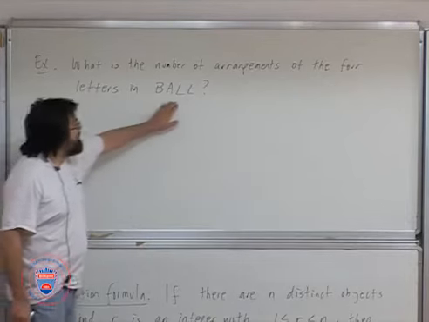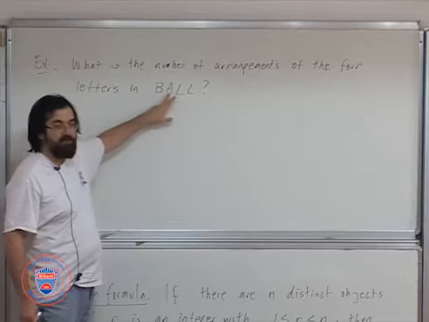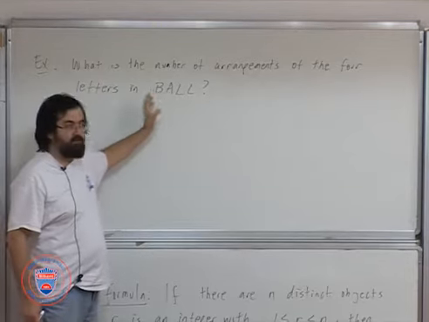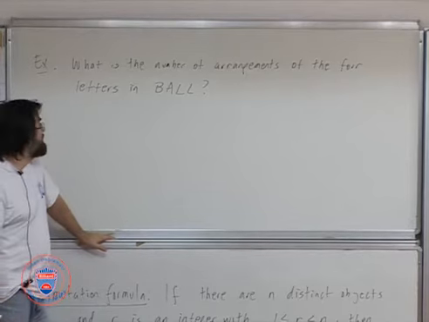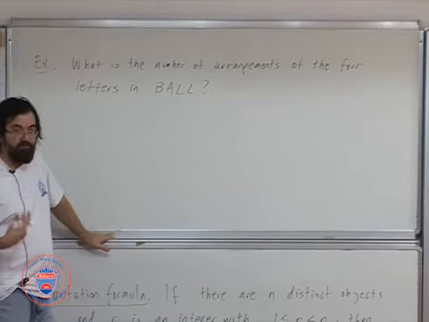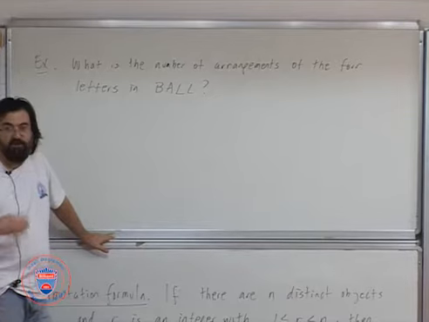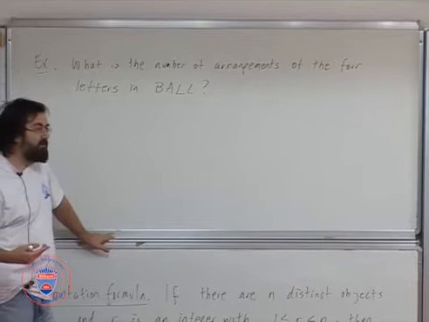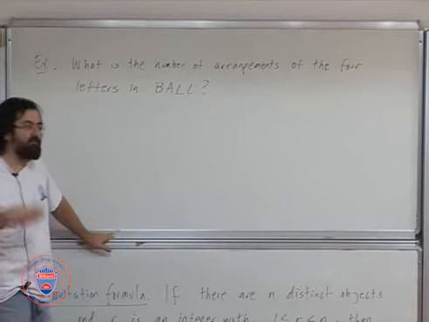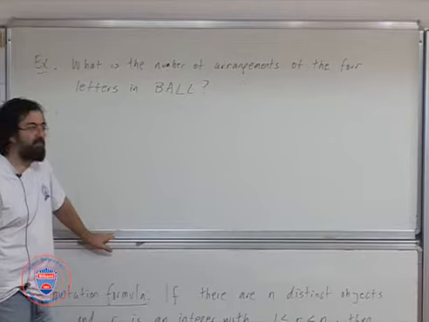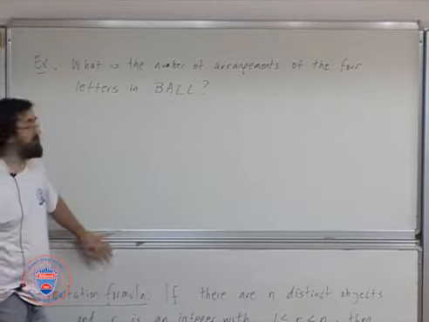If they were all different, we'd have 4 choices, 3 choices, 2 choices, 1 choice, so 4 factorial, 24. But the suggestion is that it's actually 12. So somewhere you're dividing the whole situation in half. This is the first time you see a division situation.